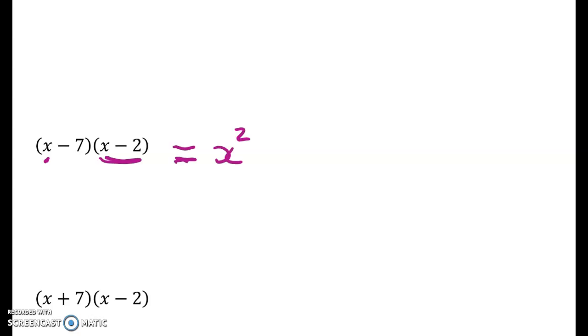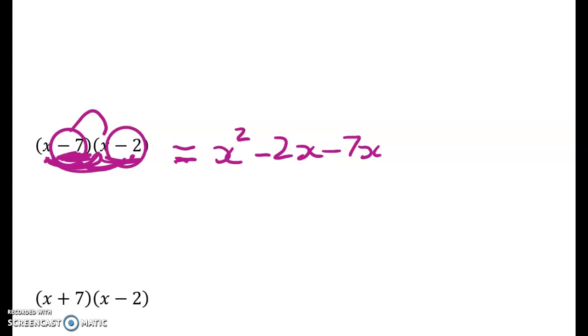So that gives me x squared minus 2x. And we know that we have to multiply this by all of this, but we don't write it all out. So we get minus 7x, and then we have negative 7 times negative 2, which gives me the plus 14. So it's just a little bit more concise.